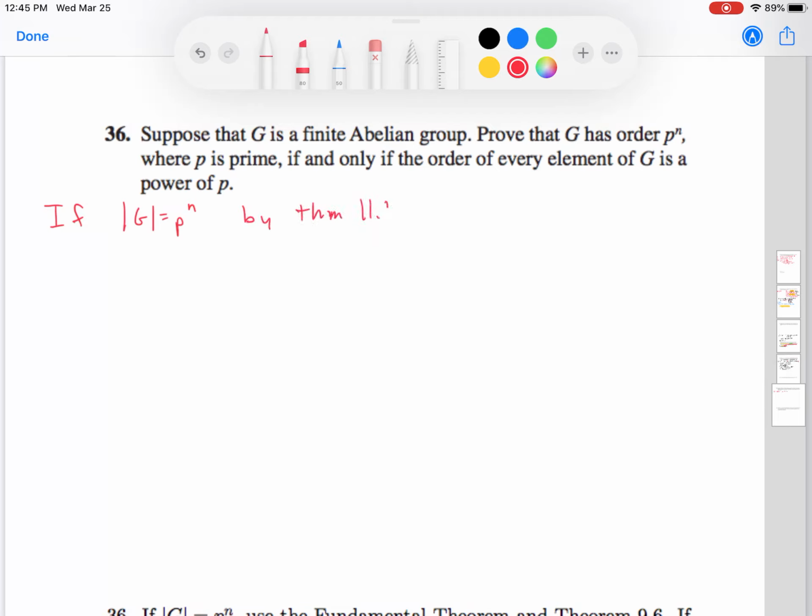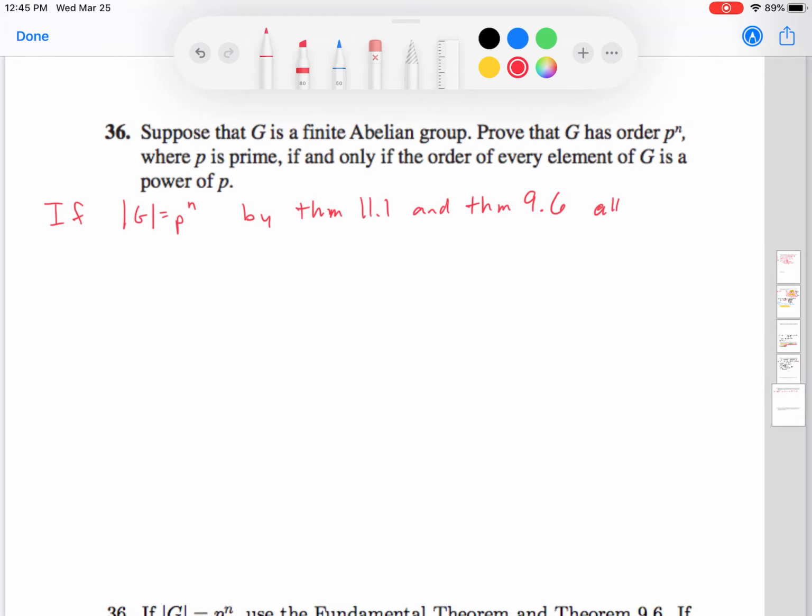Well, then by theorem 11.1 and theorem 9.6, and look those up if you need to have a refresher, we see that all elements have to be a power of p.